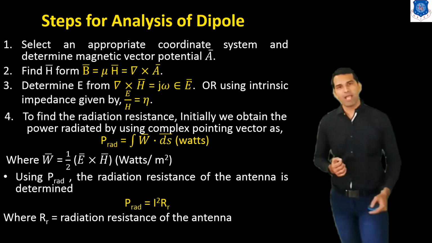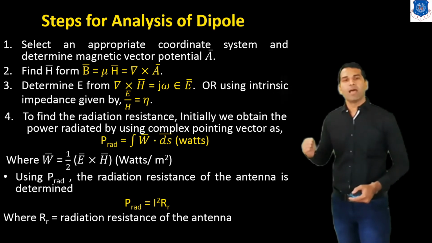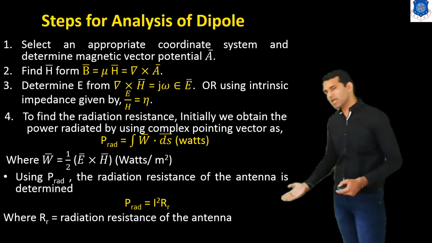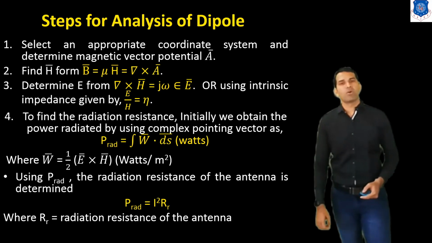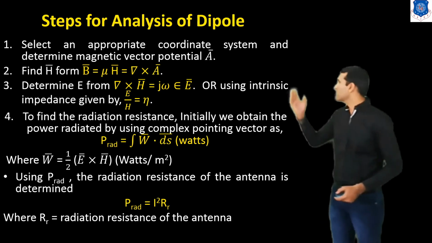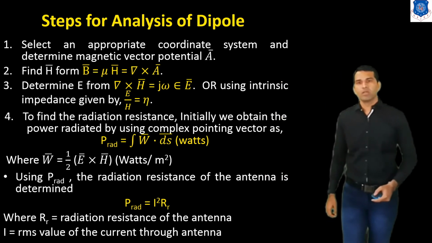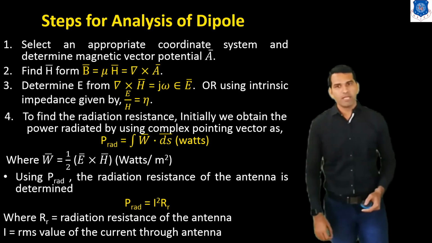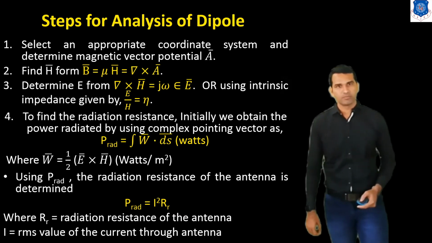First we find the power radiated, and then we find the radiation resistance. So these are the steps to analyze the dipole. Here I also indicates the RMS value of the current through the antenna.